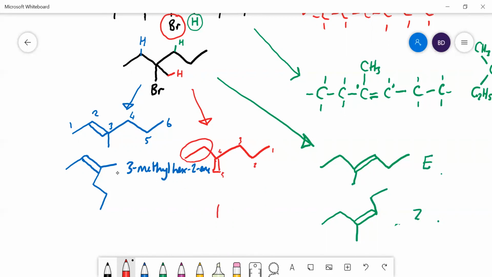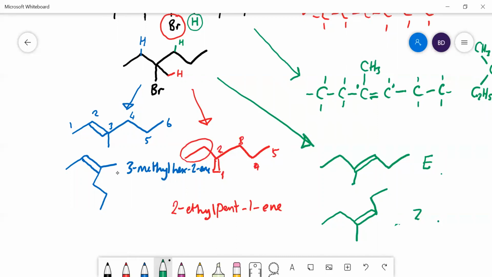So we're going to call it pent-1-ene, and we're going to number it the other way around. So it's 1, 2, 3, 4, 5. Pent-1-ene, and we have got an ethyl group on number 2, so we'll call it 2-ethylpent-1-ene. They probably wouldn't ask you to name one like that in the exam. I don't think I've ever recalled one like that.